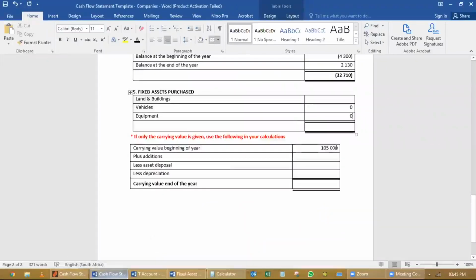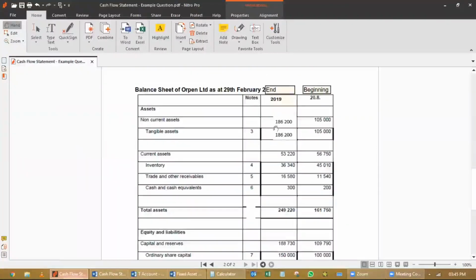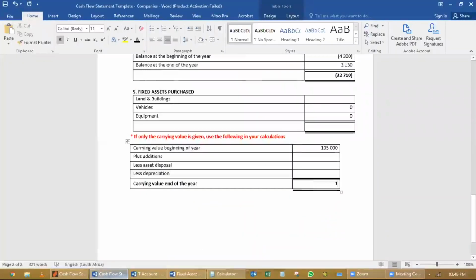So we have our carrying value at the beginning of the year. We have our carrying value at the end of the year, 186,200. We don't know what our additions were. We know that we didn't sell any assets. And then depreciation.